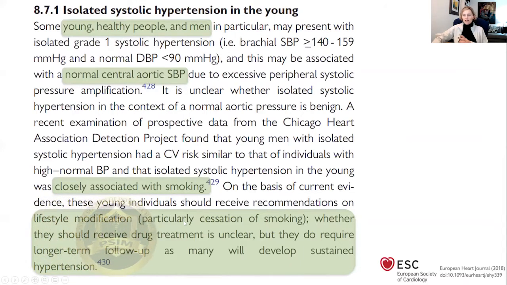But if they're young and healthy, they should stop smoking, not specifically start with drug treatment, but check follow-up. And if the risk seems high, I'd suggest rather start with treatment early to avoid early vascular aging, as we have discussed before.